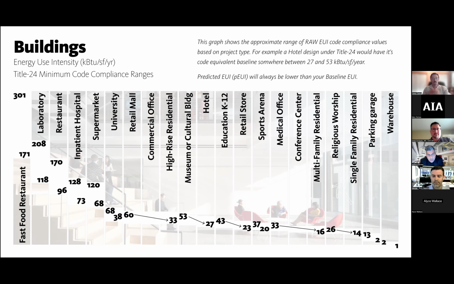And an interesting exception to that is maybe you're working on a commercial office building that should be somewhere between 33 and 60, but let's say half of that floor is a cafeteria for other office use in the building. Look at it, your fast food restaurant is going to be between 171 and 301. So if you're looking at a mix of uses, you might start leaning a little bit more towards the larger number, depending on how much of that use is in the space.